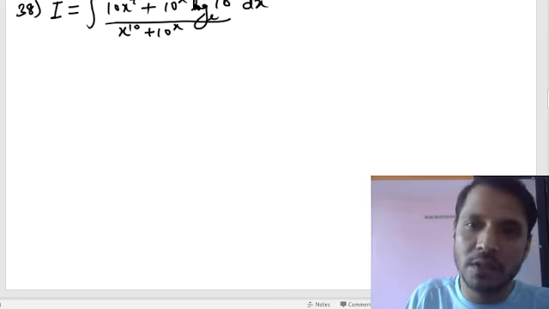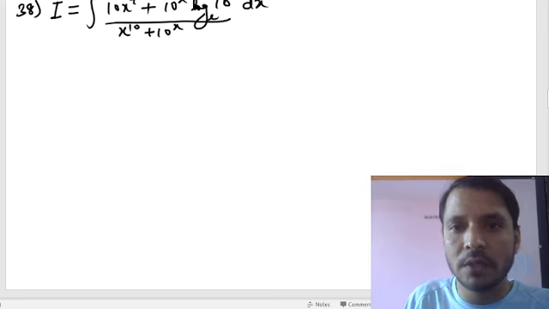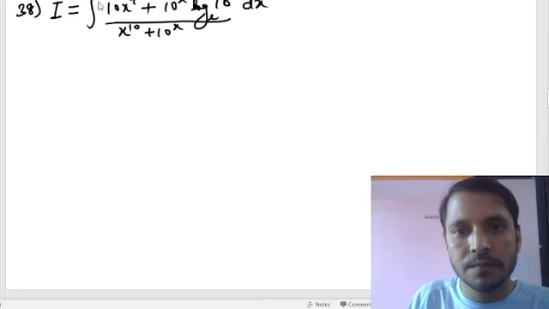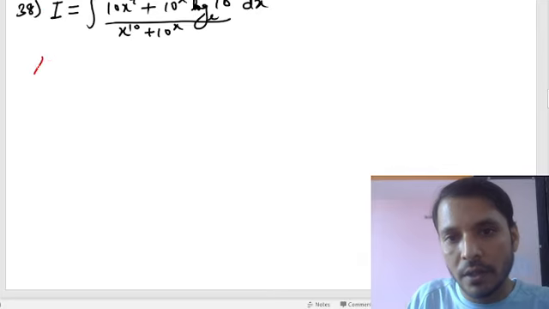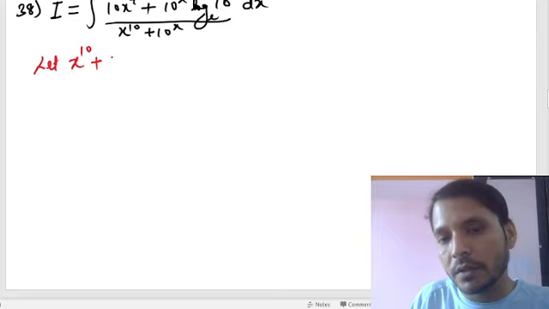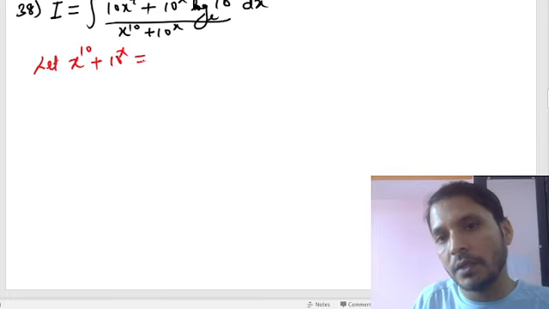We can see the differentiation of the denominator is present in the numerator, so we can consider the denominator x to the power 10 plus 10 to the power x equal to t.